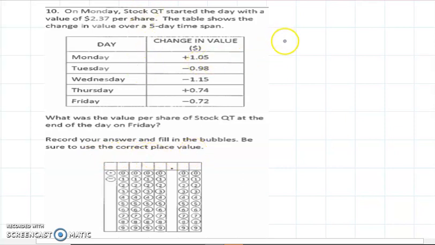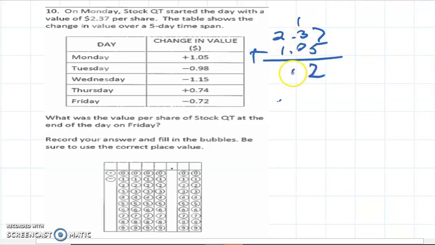So what you would do is, at the beginning, let's say on Sunday night, the stock was 2.37. What happened on Monday? Well, look at it, it went up. So we're going to add 1.05, and that gives me 3.42. But then on Tuesday, what happened?